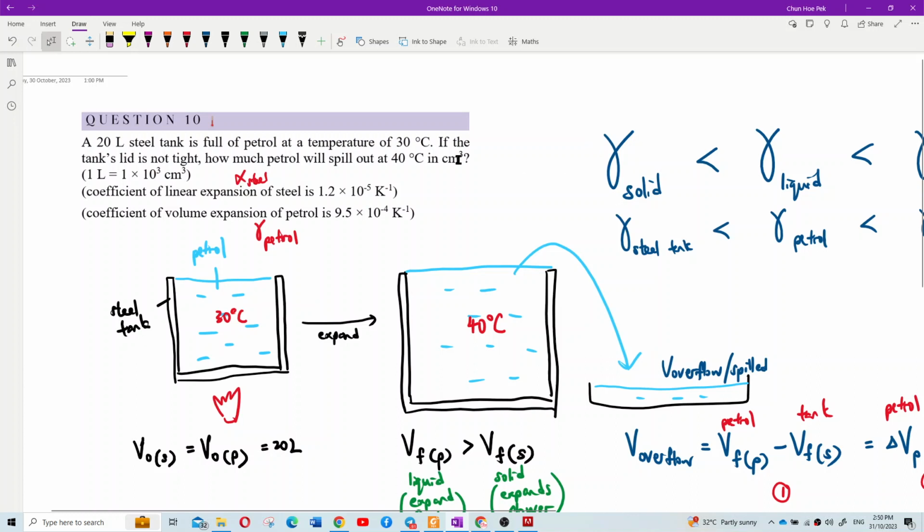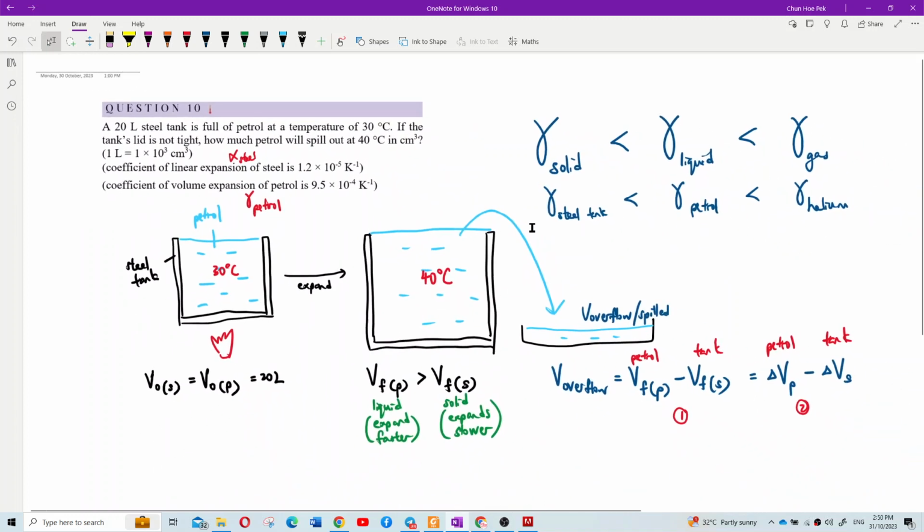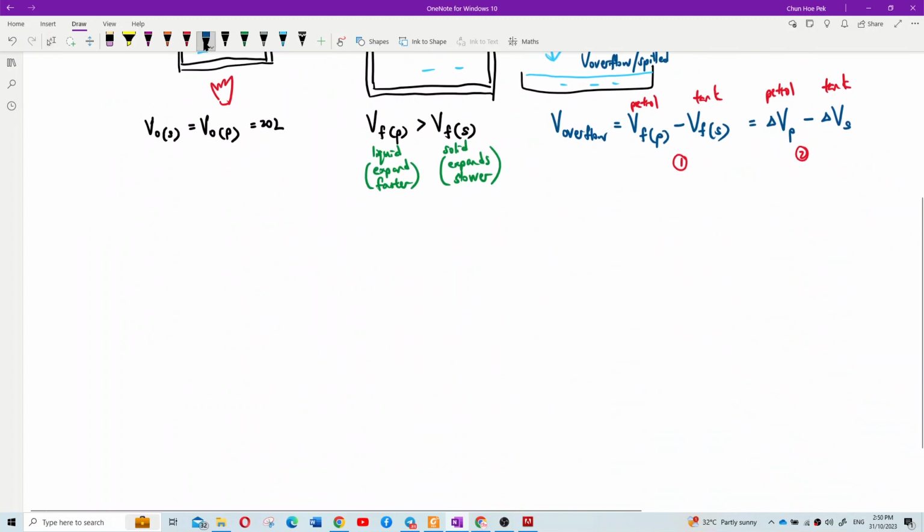How to find gamma from alpha? Class, how to find gamma from alpha? Tell me, class. 3 alpha. That's good. Gamma for the steel tank, which is a solid, is 3 alpha of the steel.